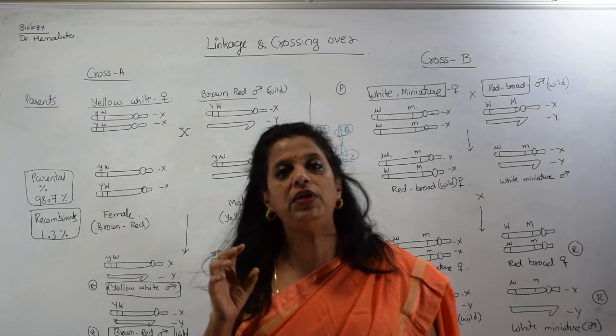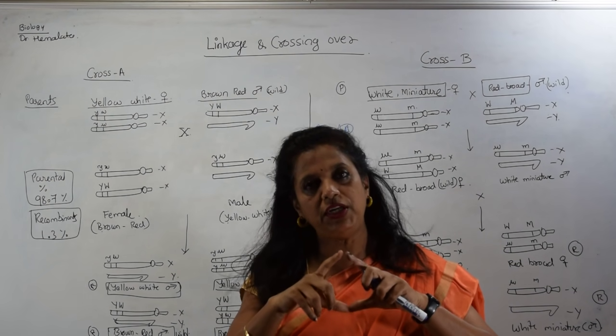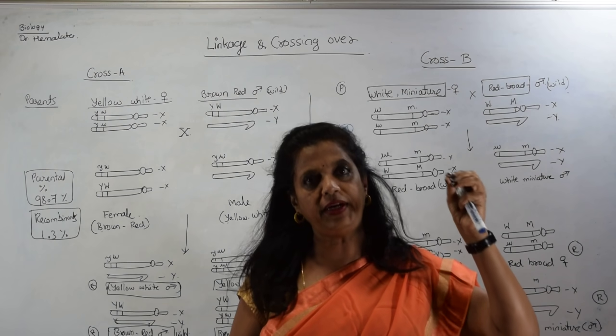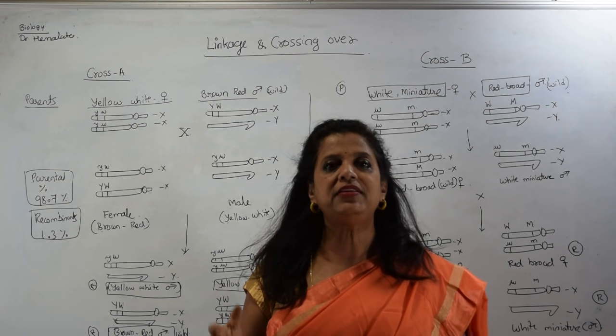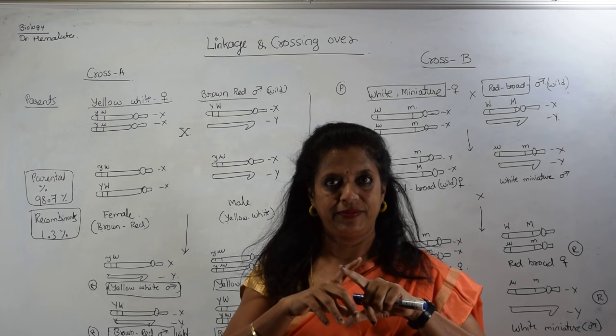That is the reason why, if genes are located at different places on the chromosome, far away from each other, there are chances that they undergo crossing over. Right?